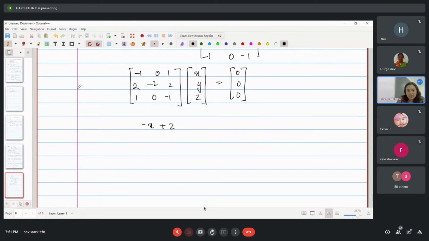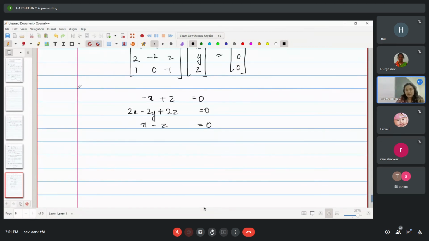Minus x plus z equal to 0, 2x minus 2y plus 2z equal to 0. The last one is x minus z equal to 0. That's it. This last equation is just the negative of the first one, so it is not really needed. Essentially we just have two equations.